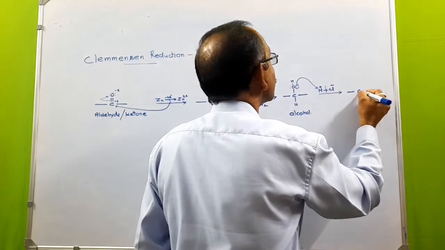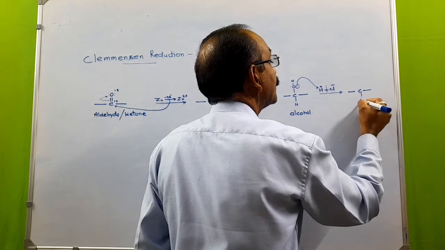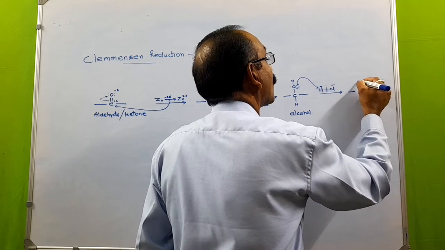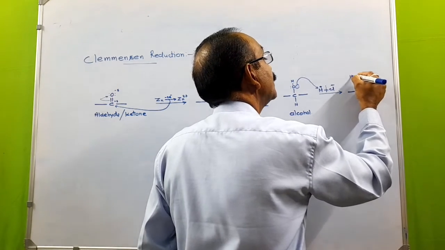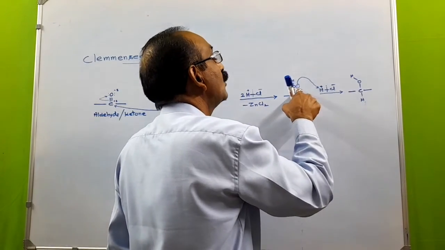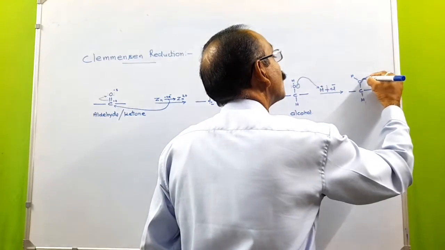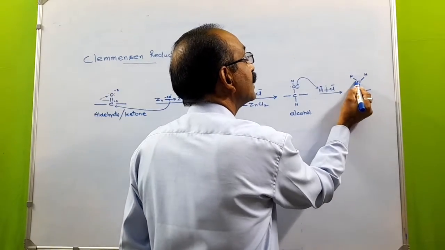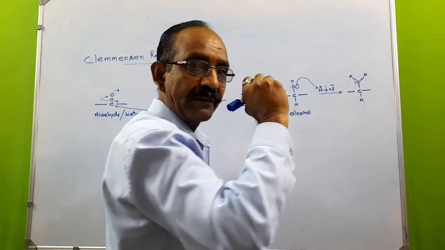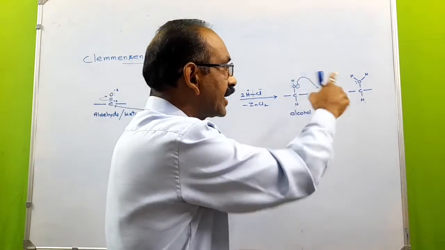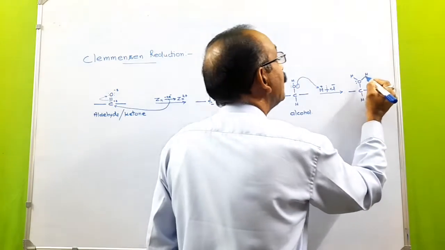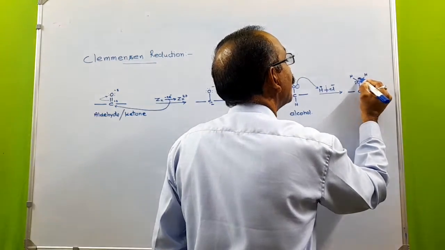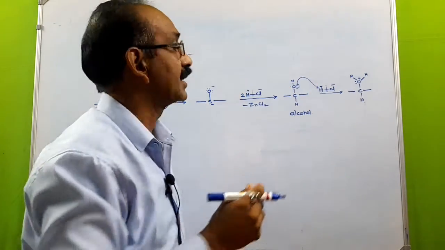Now here C, H. Over this oxygen already there was one hydrogen. As one lone pair is donated to the H plus, one more hydrogen will form a bond with it. And now over this oxygen only one lone pair will be left. As oxygen has donated its electron pair, it will become electron deficient and will acquire a positive charge.